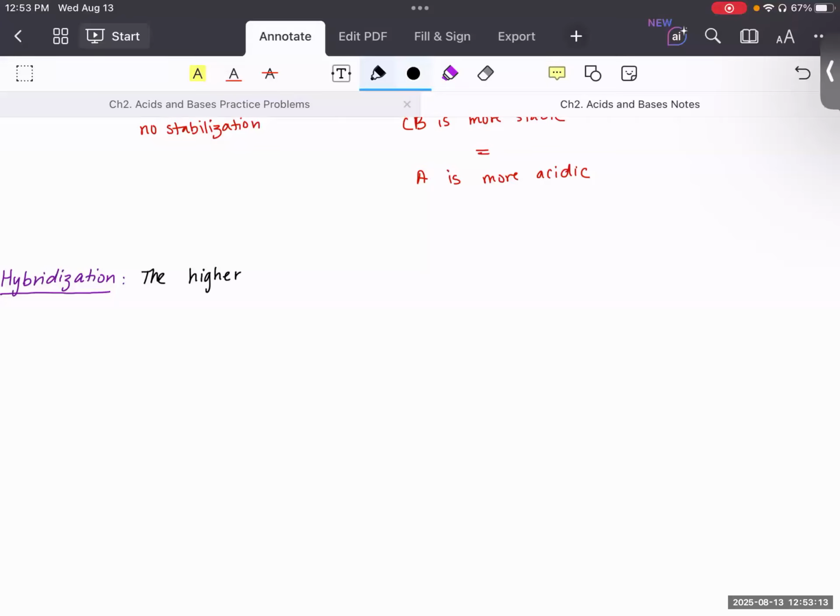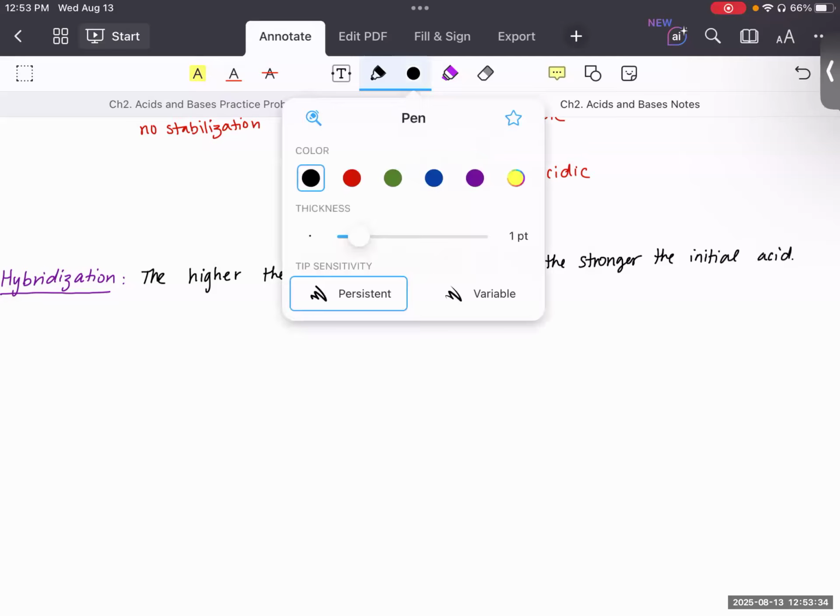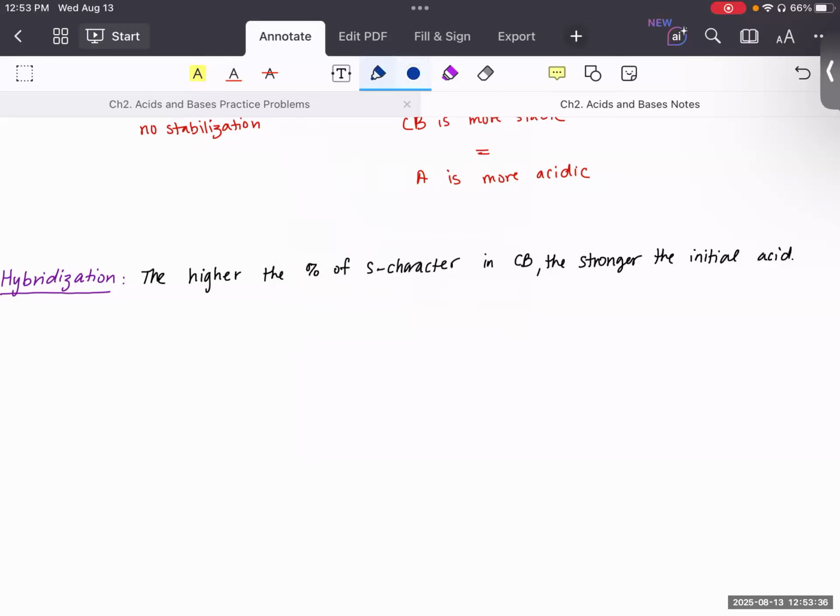And so for this one, the higher the percentage of S character in the conjugate base, the stronger the acid. And so basically for this, we can just compare different types of double bonds, or the number of double bonds or triple bonds that a molecule has.